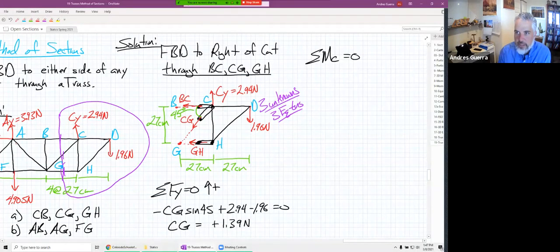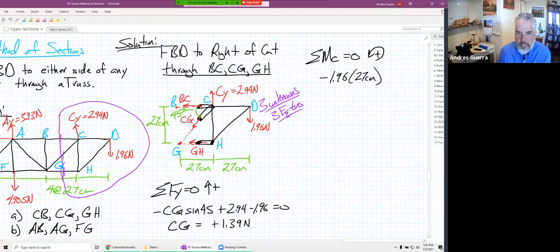If I sum moments about C, look at what happens. CG and BC go away. My only unknown is going to be GH. So we can solve for GH with that one. Absolutely. Sum of the moments about C, we have the 1.96. That's going to be negative 1.96 times 27 centimeters.